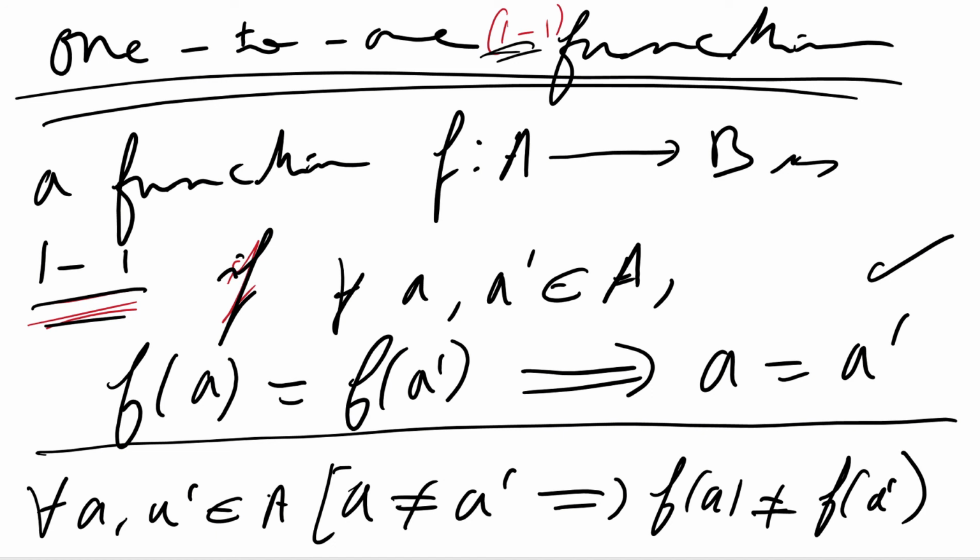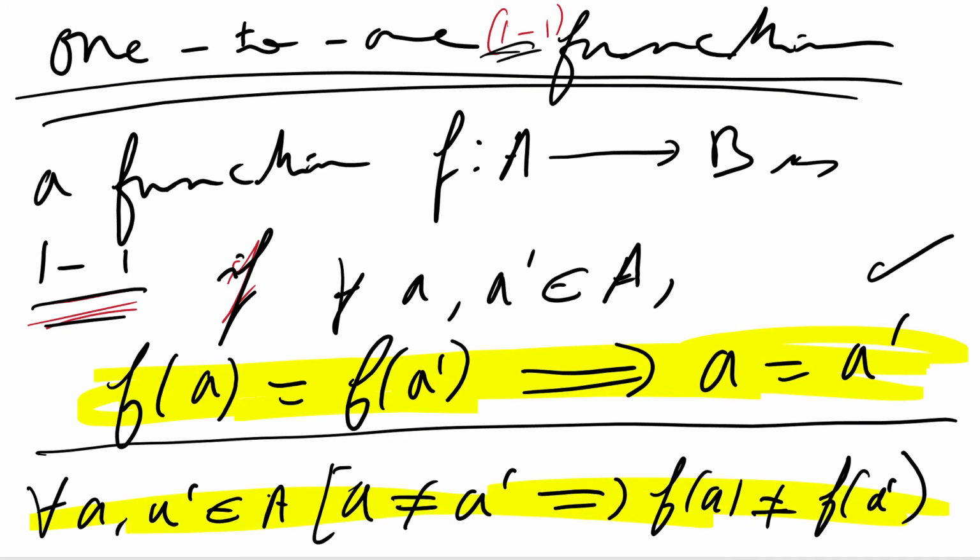So these are the two definitions you can use. You can prefer to use this one, or this one. But I usually prefer to use this one. It's easier to manipulate for me. But if you prefer this one, it's fine.